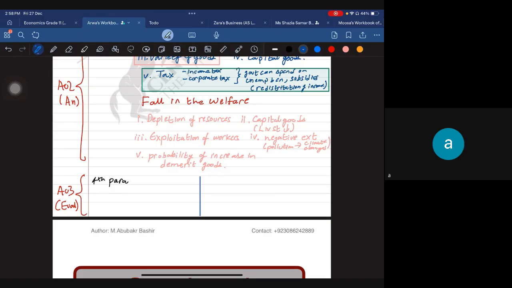What points are you going to write? Basically, if in my question I wrote the capital goods and the negative externalities point, in my analysis I could say there are further reasons why there can be a fall in welfare, for example exploitation of workers and the depletion of resources.